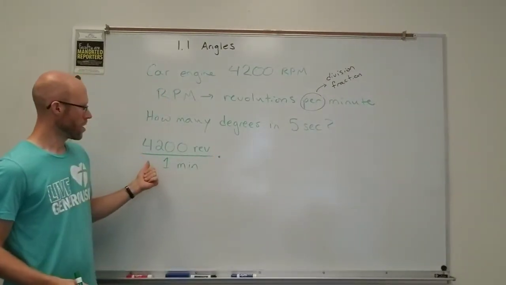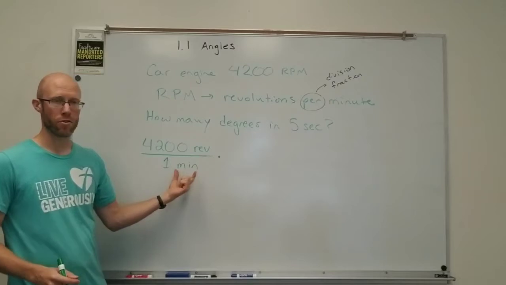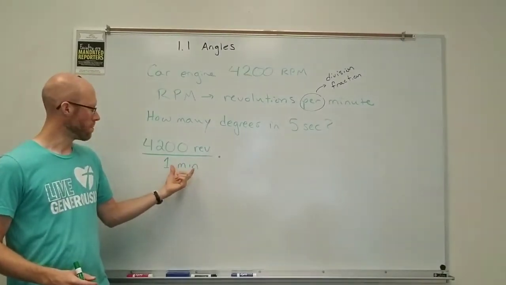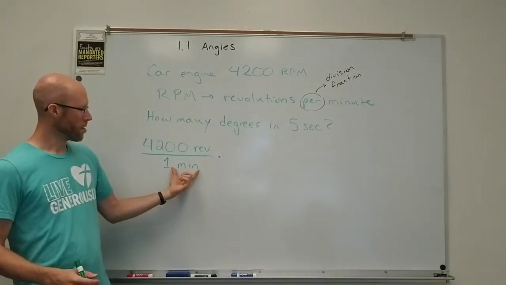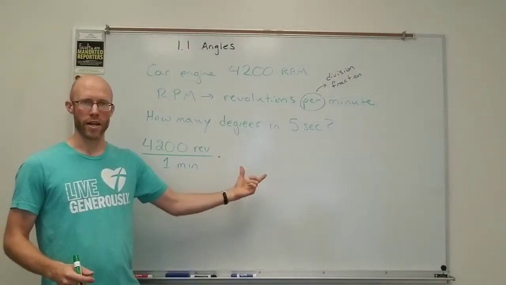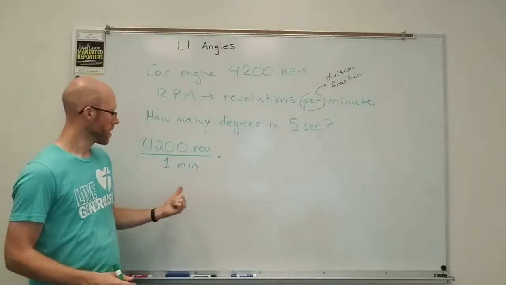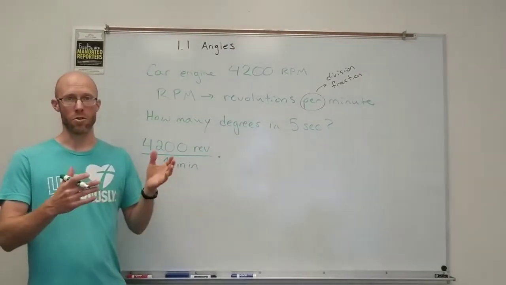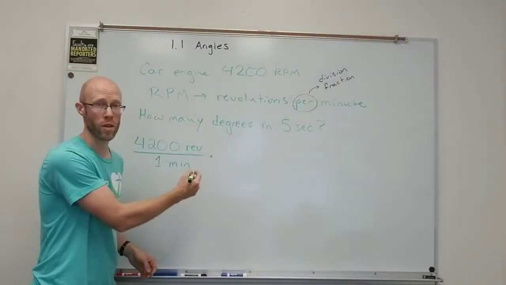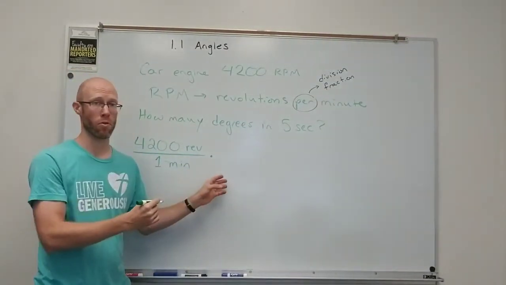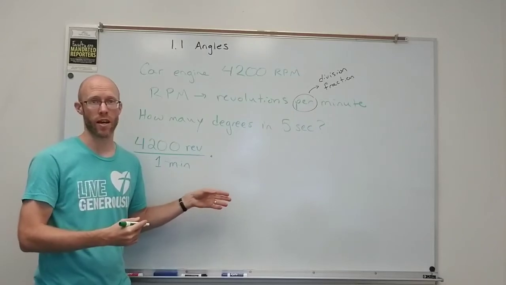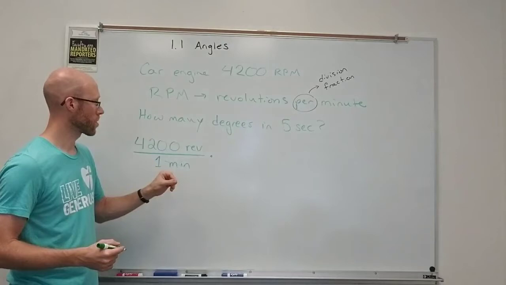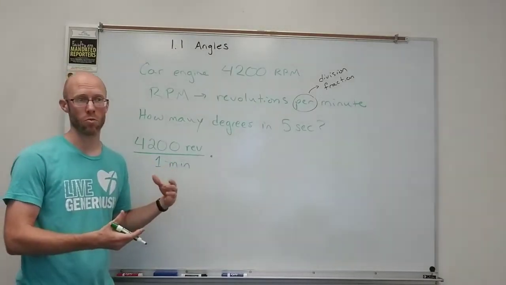If I wanted to convert the minutes into seconds, you could convert by multiplying by a fraction that has both minutes and seconds in it. Of course we know that 1 minute equals 60 seconds, so we can create a fraction that has both 1 minute and 60 seconds in it. Because they're equal, the combination will be 1.